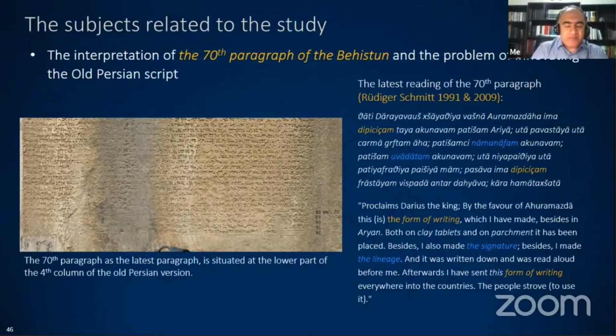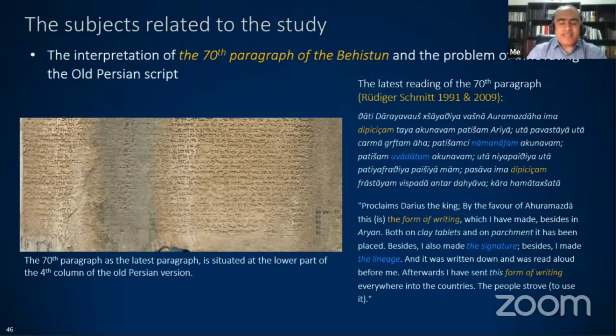Thus many of its key terms that help us to read and translate the paragraph have been illegible. Consequently, there has been an ambiguity in understanding Darius's message in the 70th paragraph.